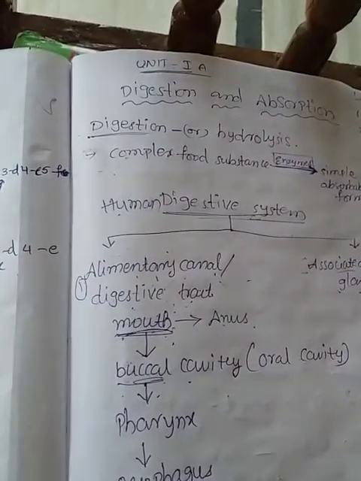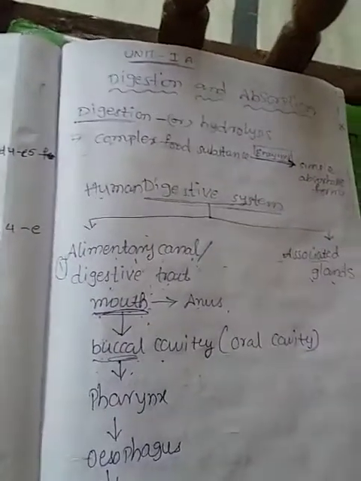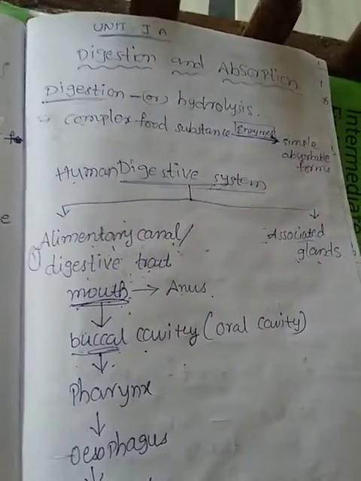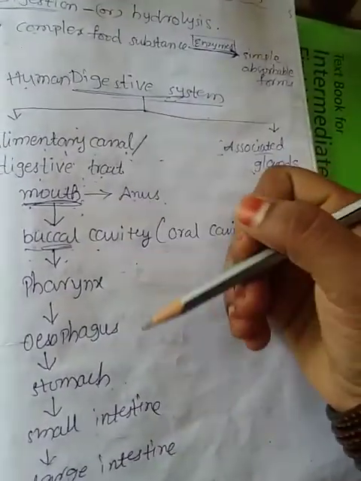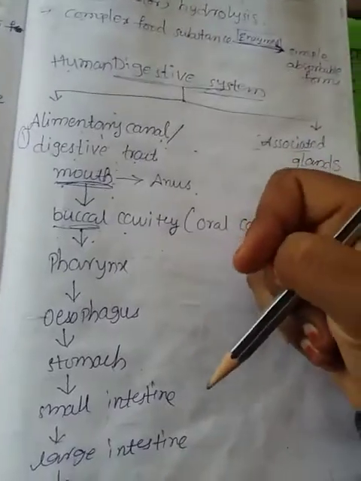Digestive system has 2 parts: digestive tract and associated glands. Digestive tract starts with mouth and ends with anus. In between mouth and anus, buccal cavity, pharynx, esophagus, stomach, small intestine and large intestine are present.